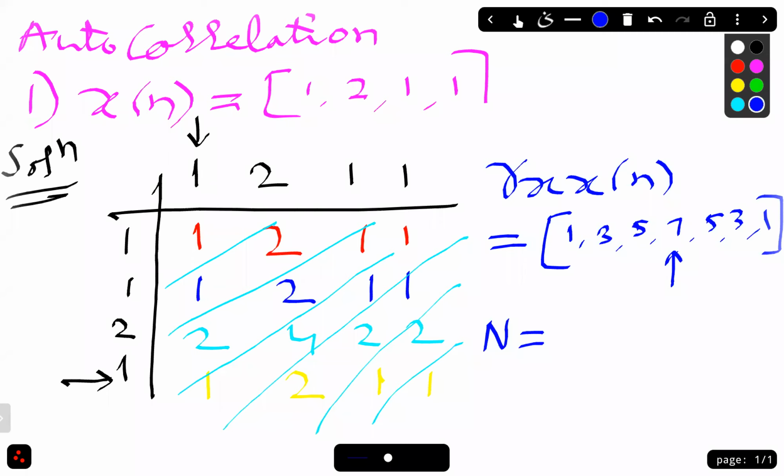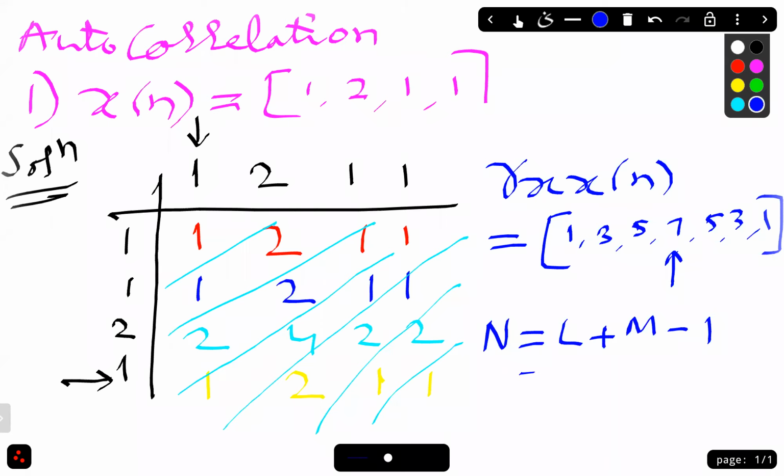Okay, so here length equals L plus M minus 1. Here L is the length of the first sequence, that is x of n, and M is the length of the second sequence, that is x of minus n minus 1.